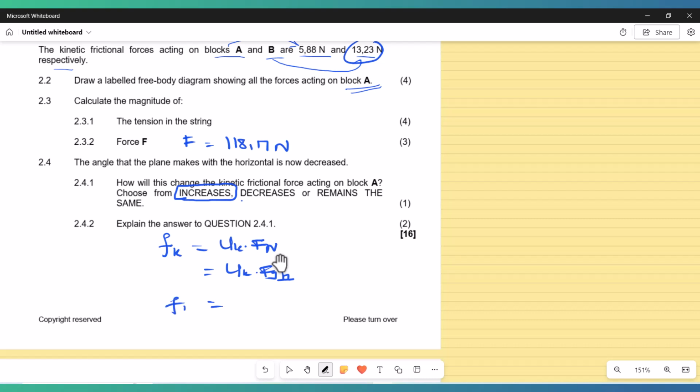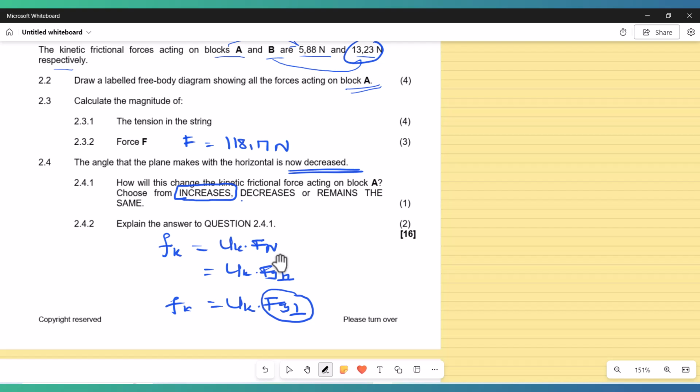Because of increasing FG perpendicular, and the coefficient is constant, we have a bigger number, so the frictional force must increase.